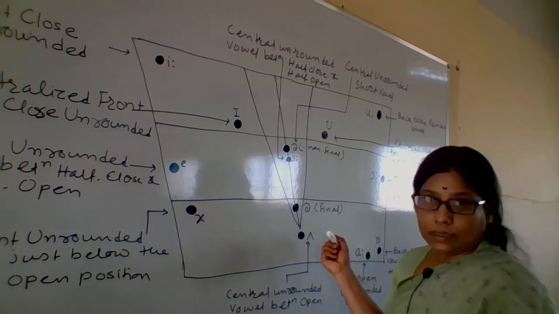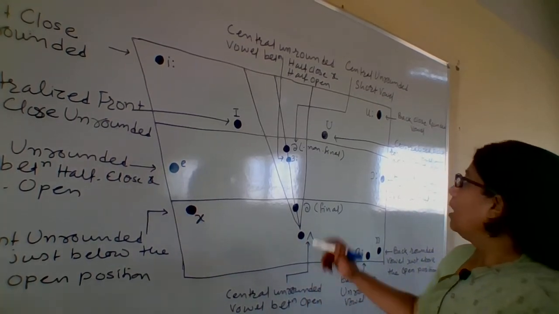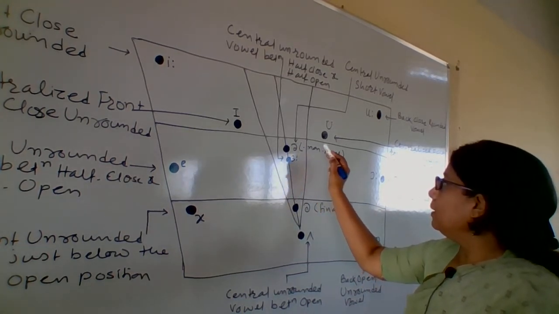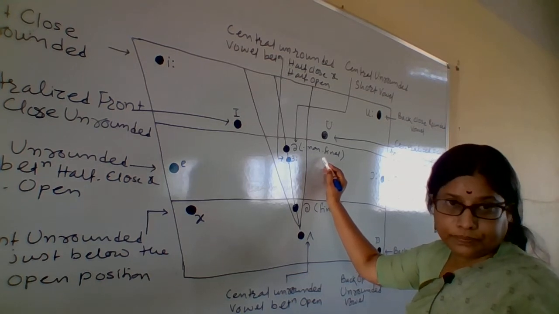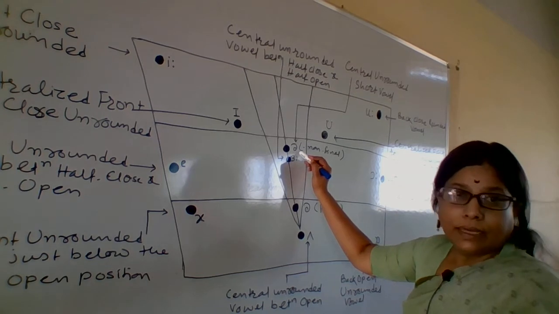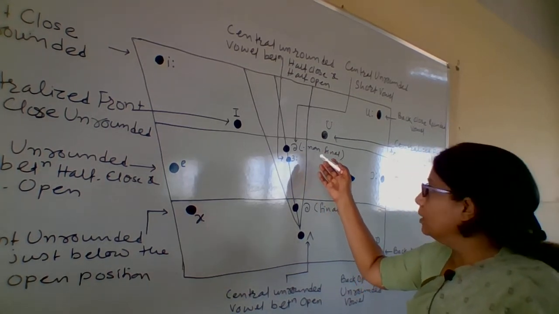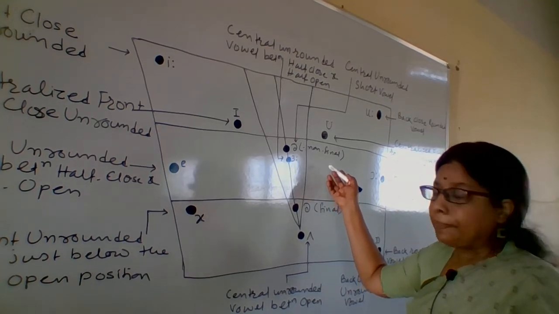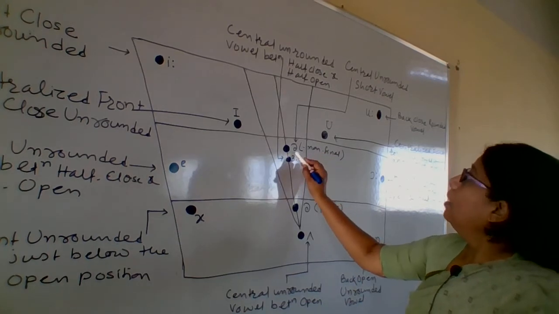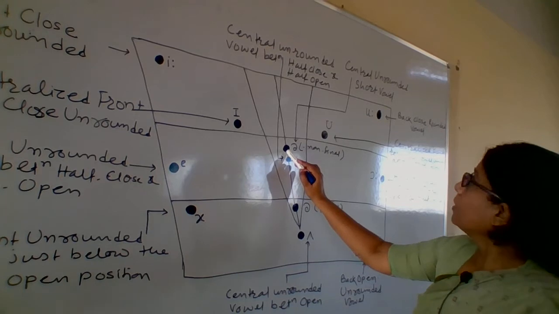Now, we have Shwa or weak A. It has two positions. It is something very interesting. When this weak A is used in the non-final position, that is, at the beginning of a word or in the middle of a word, for example, ago, it is produced here, okay.